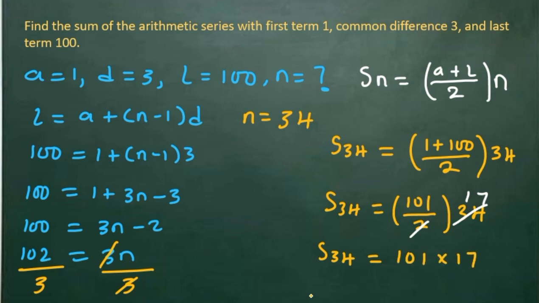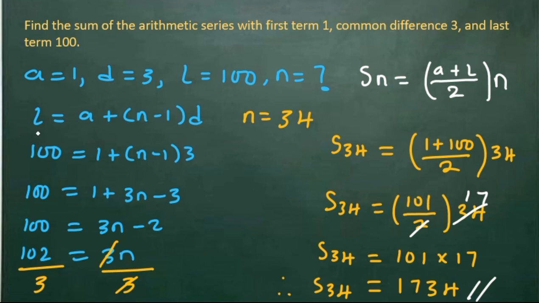And if you punch this in your calculator, you are going to have 1717. So we can say that therefore the sum of the first 34 terms of this given sequence is 1717. The next section, we are going to look at finding the first term, the common difference, and the nth term when the sum of an arithmetic progression is given.